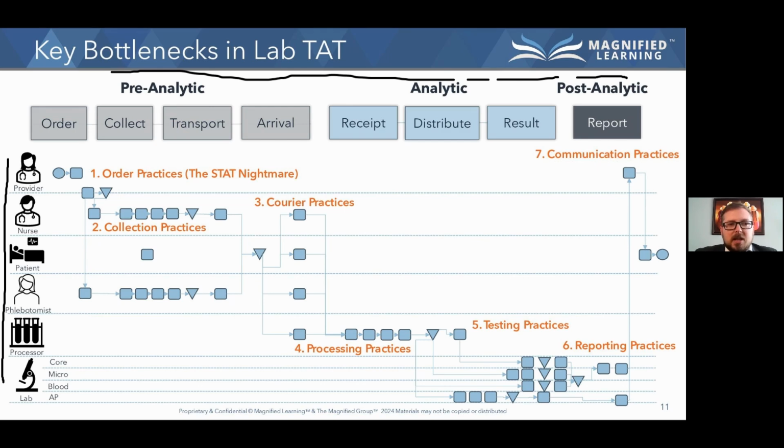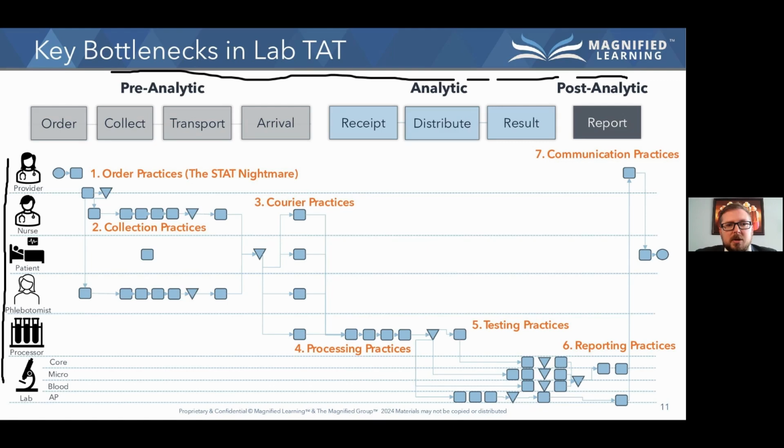And that moves into our collection practices. Anything from the art of being able to get the specimen to the right container and then get that container or vial or whatever the collection device is to the lab through the courier practice.